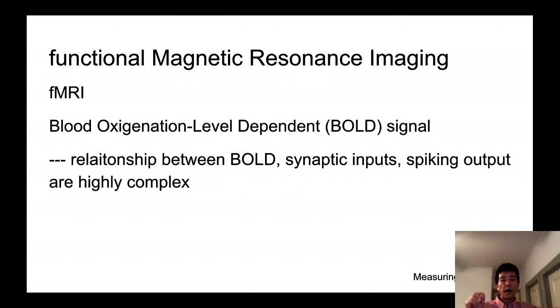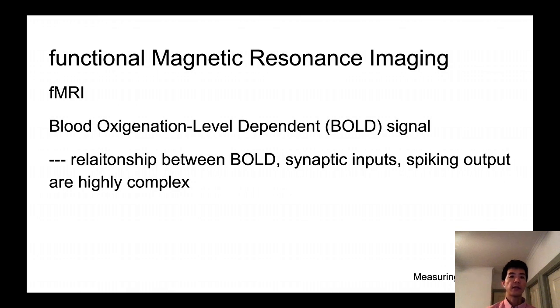We can see how this blood oxygen level dependent signal changes at each location of the brain, and that gives you the fMRI activation pattern of the brain, roughly speaking.